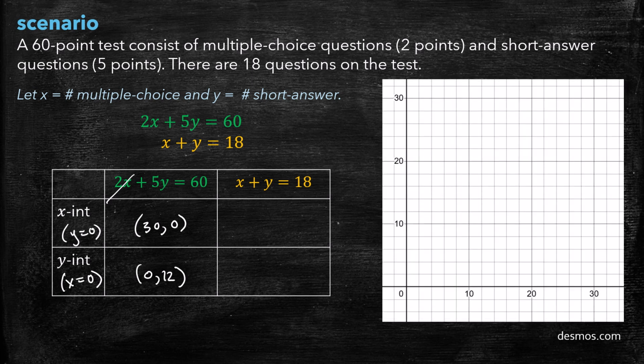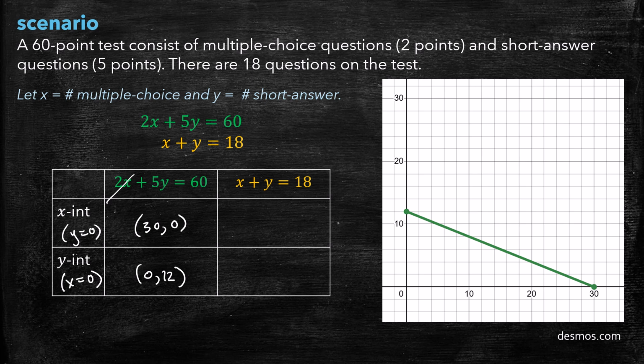And we can plot those intercepts. Technically, the graph should really consist of dots, so I can put a dot on 17, comma 1, 1, comma 17, 10, comma 8, 8, comma 10. I shouldn't really connect them, because I can't really have fractions and decimals in terms of the number of questions.